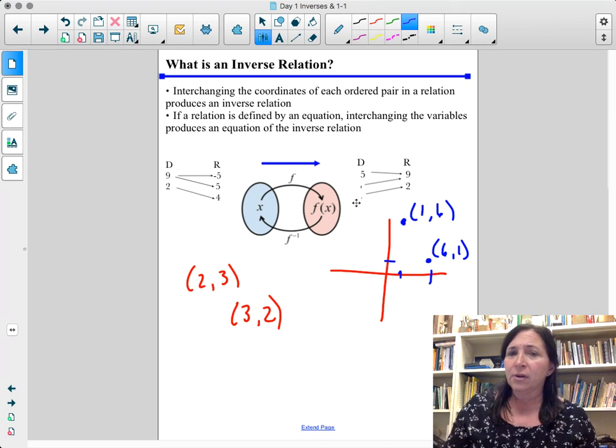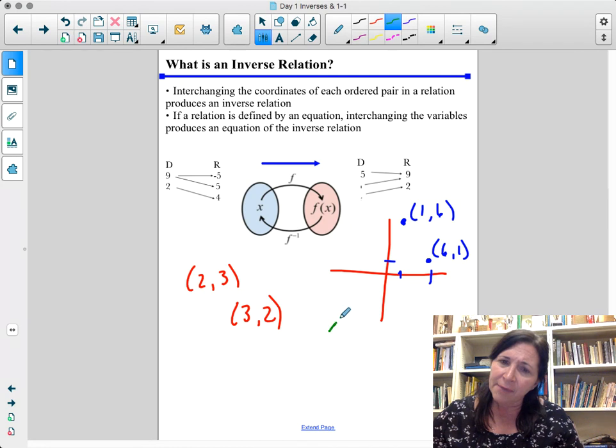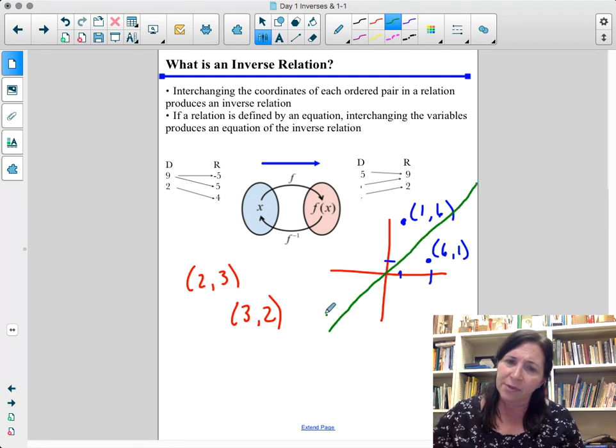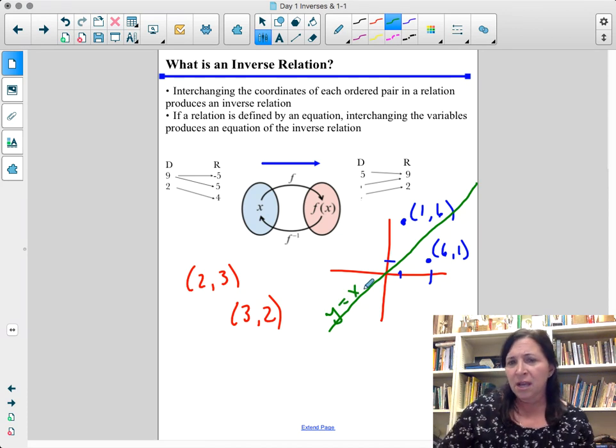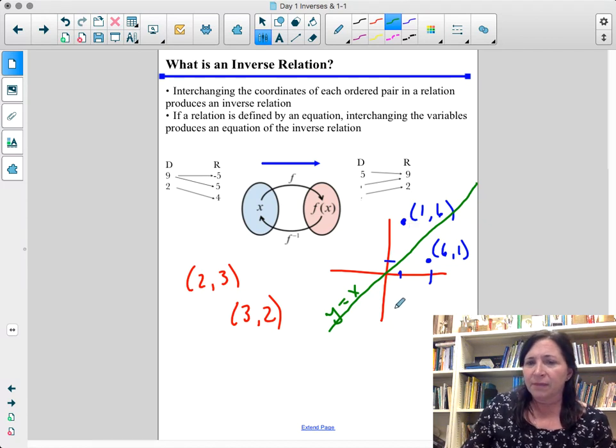Now another pretty cool way of figuring out if these are inverses is if they are reflections across the y equals x line. So this is y equals x. And if you notice, these are going to be reflections. For example, if I said (0, -3).